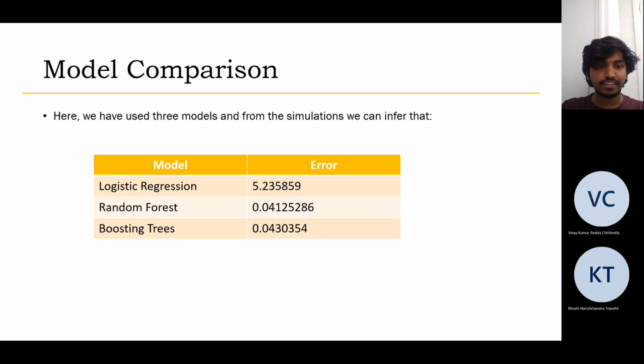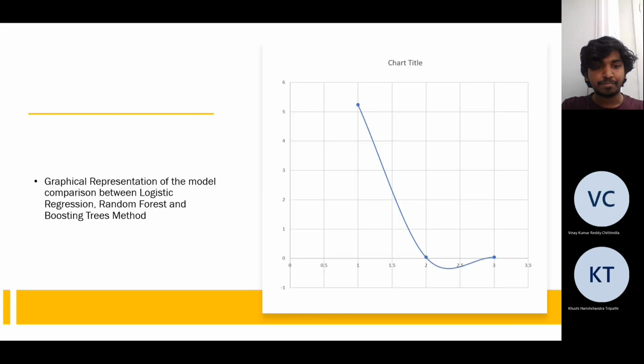Next slide. And this is the graph of the errors of the models: logistic regression, random forest, and boosting trees. As we can see, random forest has done good work in finding the target stroke. Next slide.